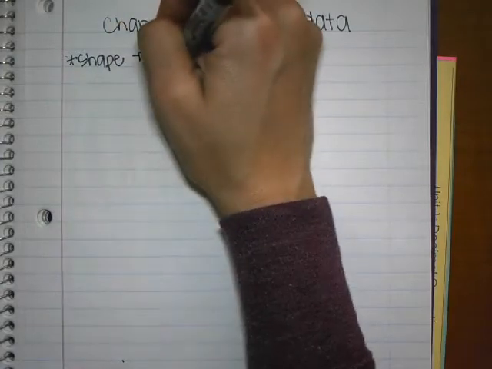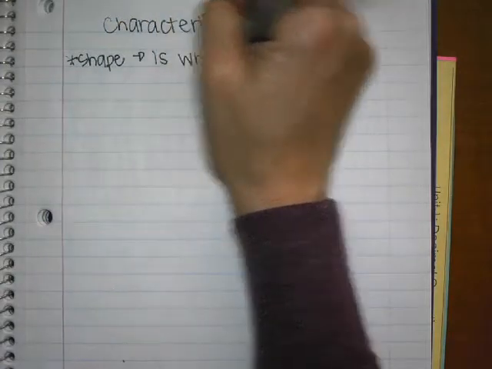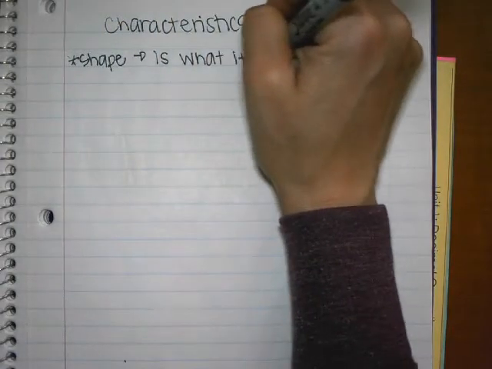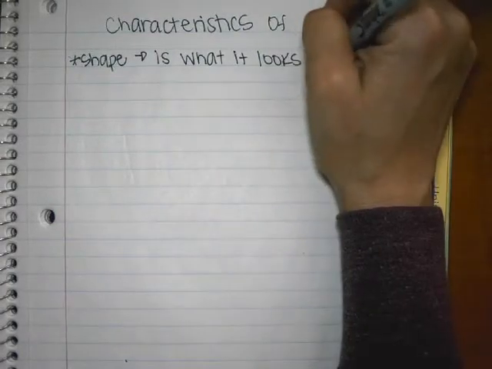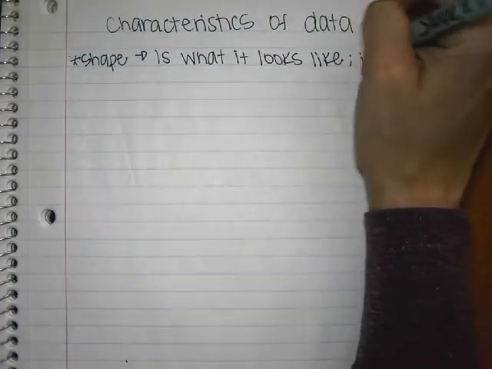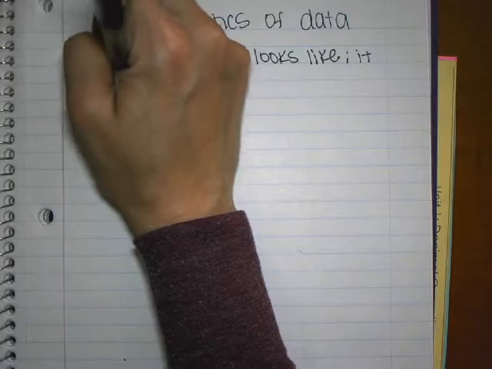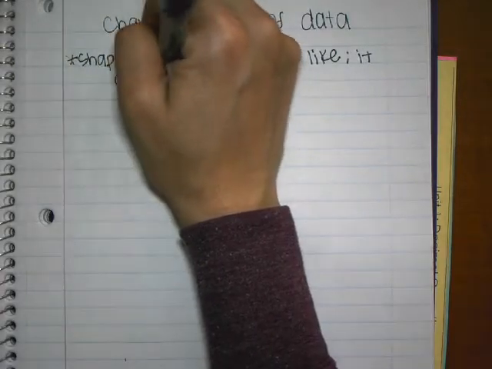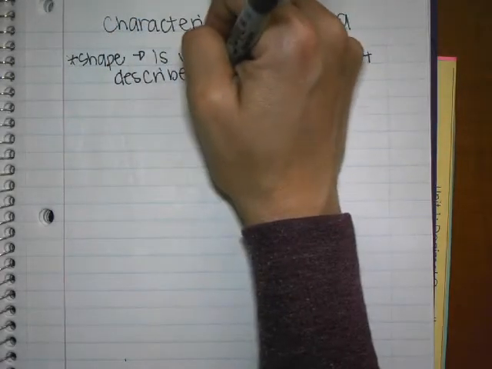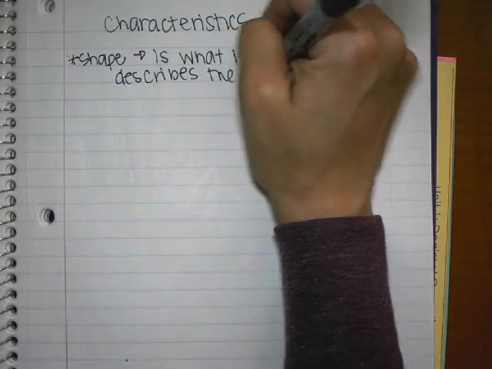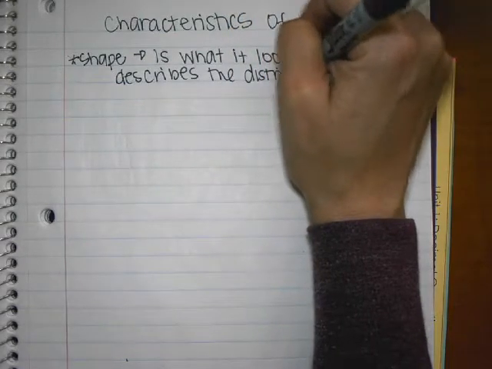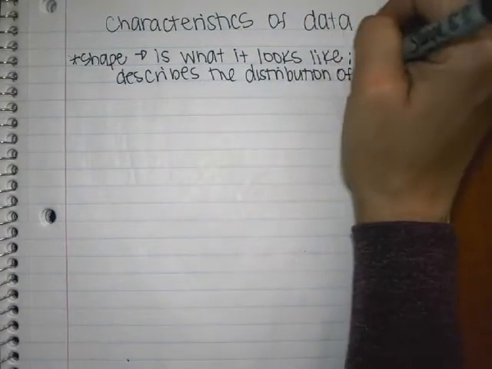So shape is what it looks like. It describes the distribution of numbers.